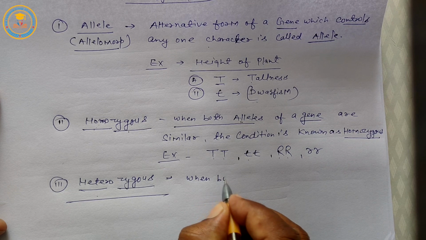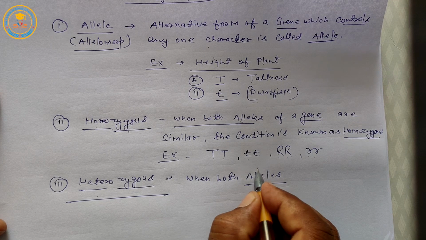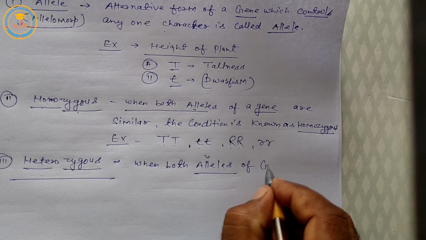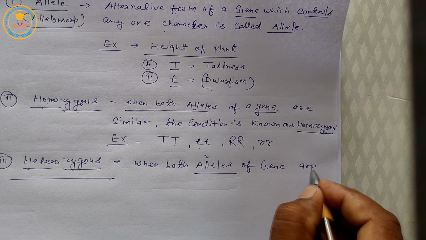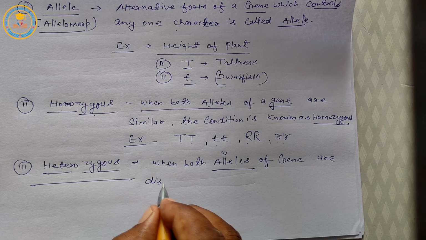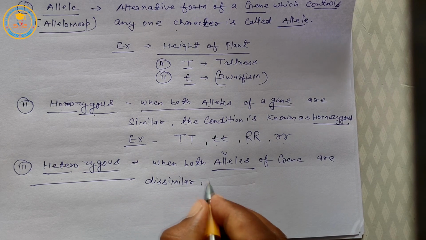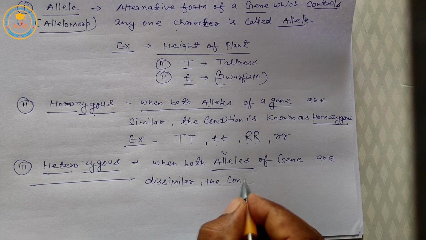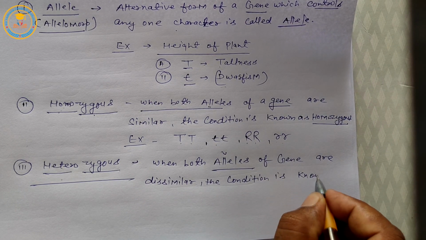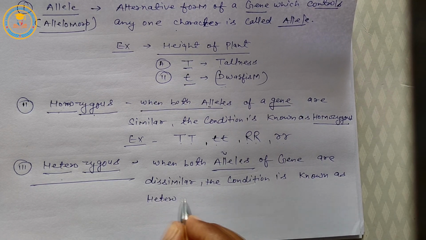When both alleles of a gene are dissimilar, students remember allele is a specific term in genetics, the condition is known as heterozygous.